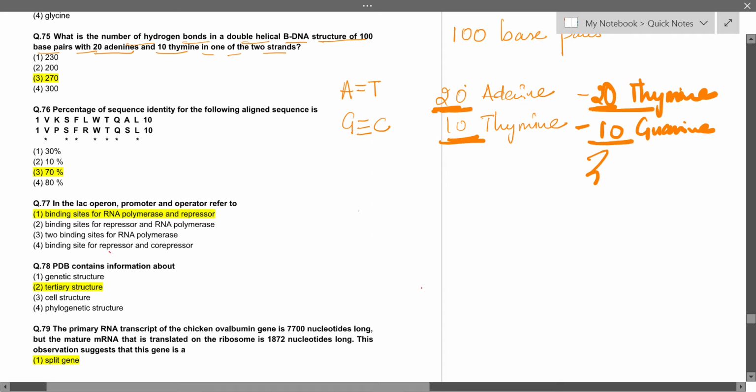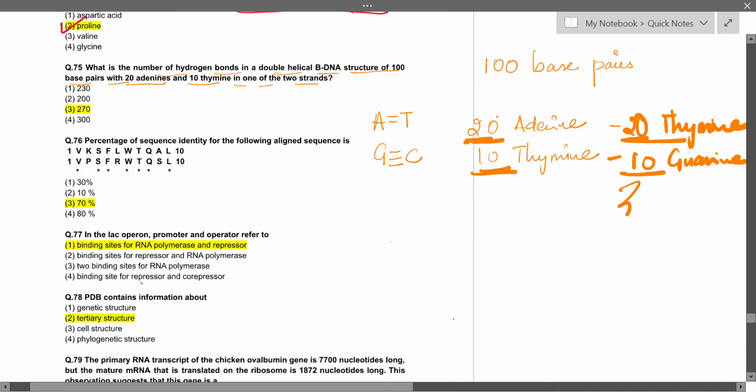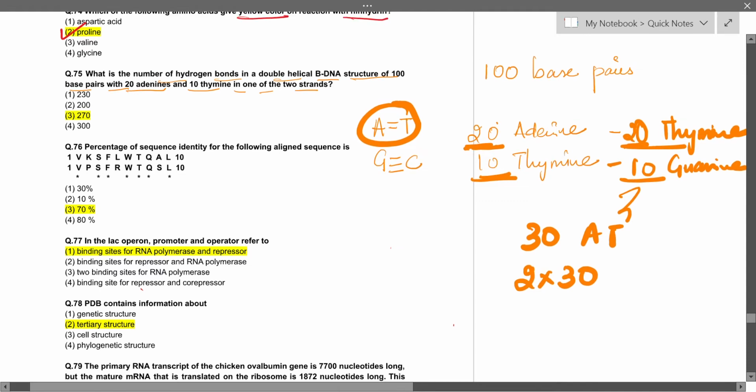That means we are having 30, 80, which are forming two hydrogen bonds. We know A and T form two hydrogen bonds. That means 2 into 30. Now this is about 80.